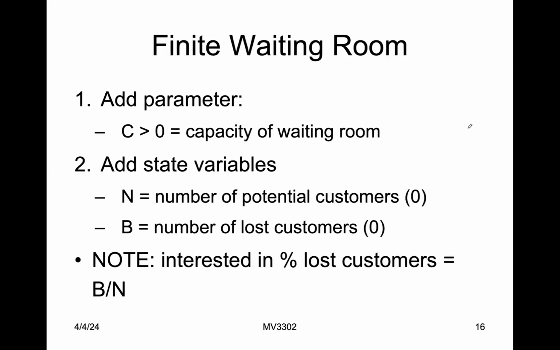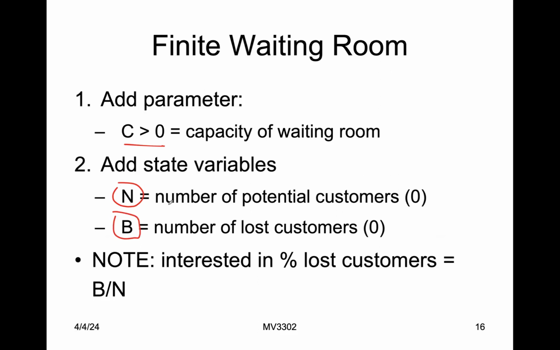So what we're going to do is add a parameter to our multiple server queue. I'm going to call it C, which is the capacity of the waiting room. In addition to our state variables from before, I'm overusing the word N, but N is now going to be the number of potential customers, like we had before. And now I need another one, because what am I interested in?